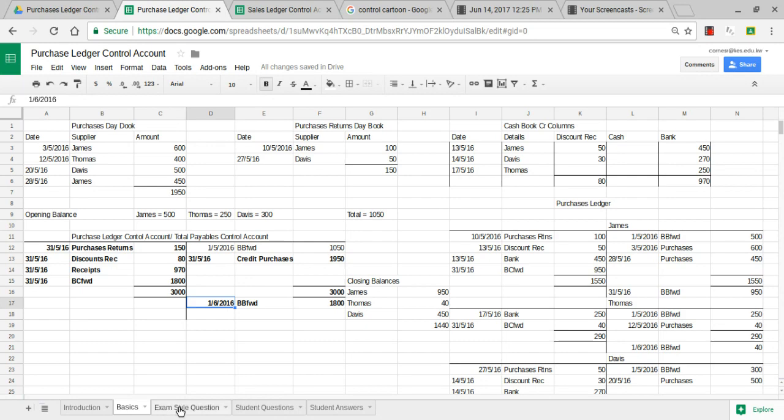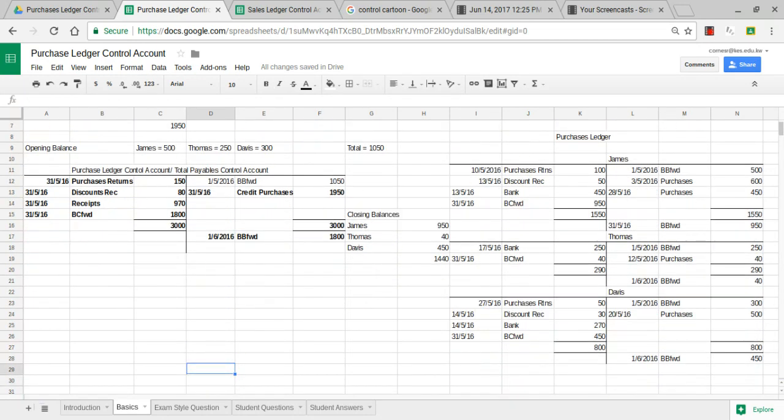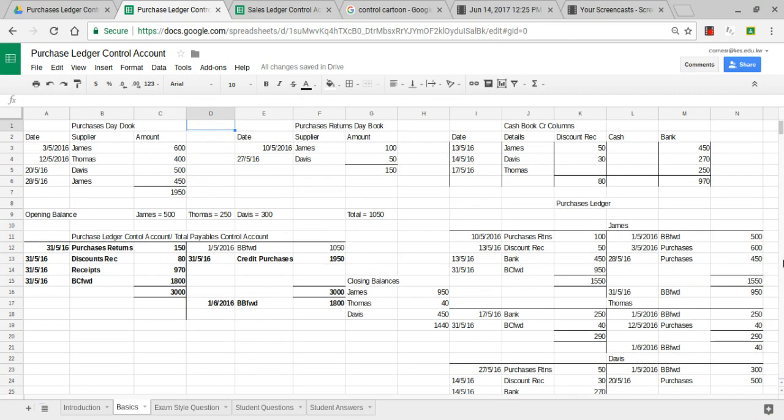Right, now what we will notice here, we've got a slight anomaly, because the control account says that we should owe $1,800, and yet looking at the totals owed to the individual suppliers, coming down, we owe 450, 40, and 950, which totals $1,440.